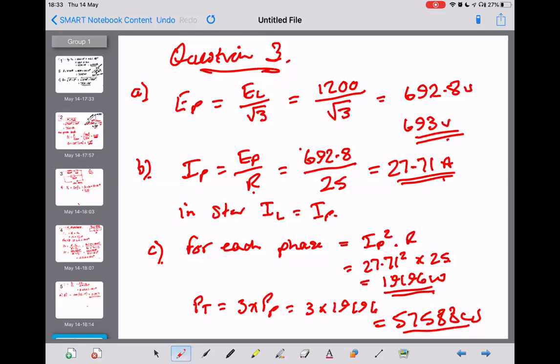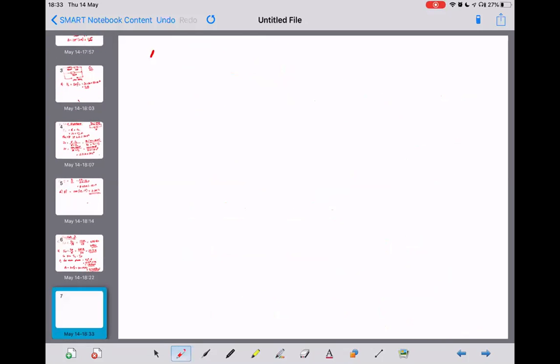I got a similar answer. So what did you do, Lewis? Let's do your way as well, because there is more than one way. I did S equals IL times EL times square root of 3.